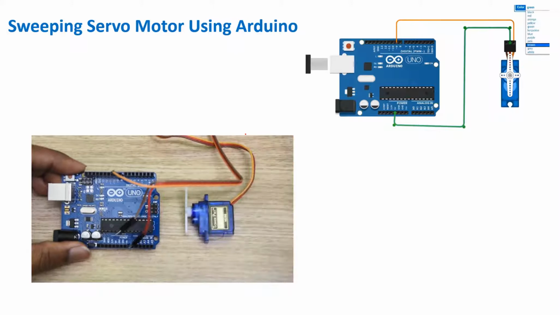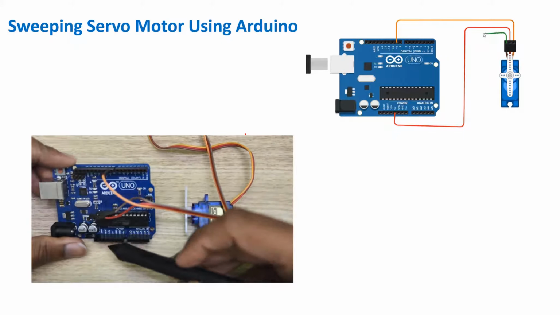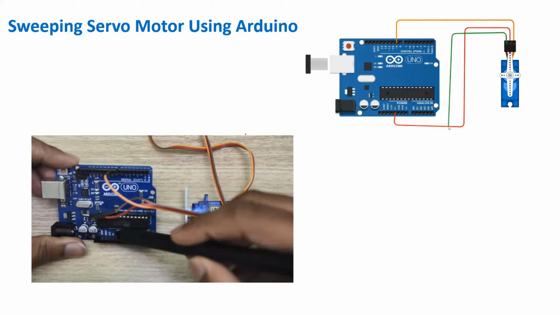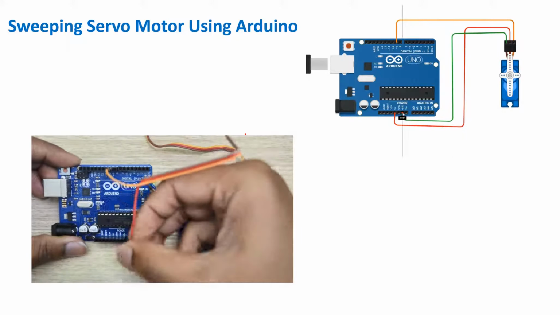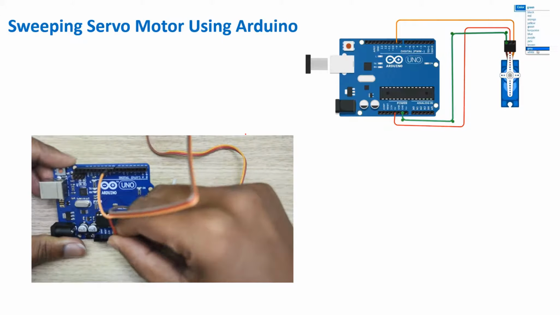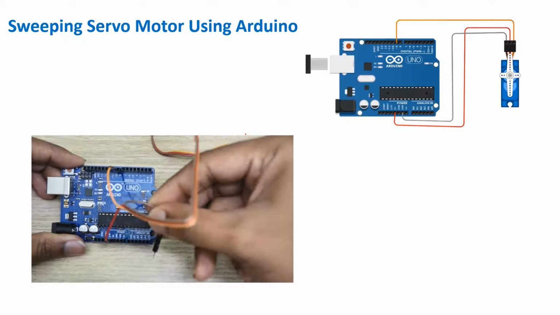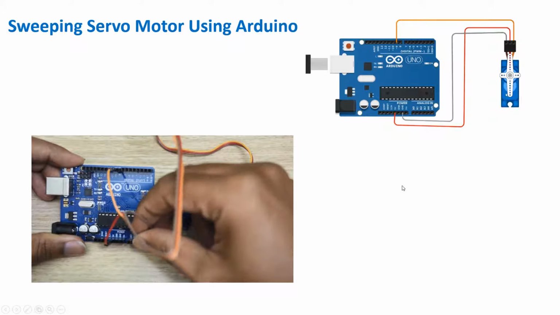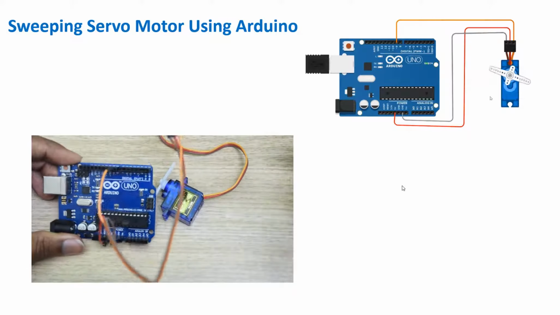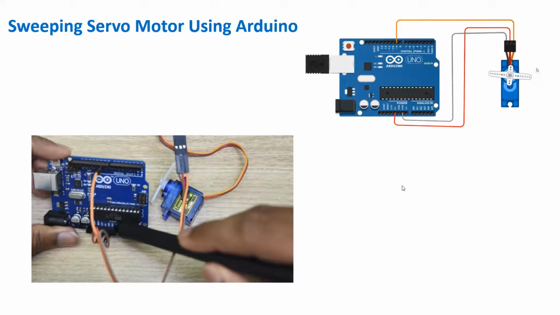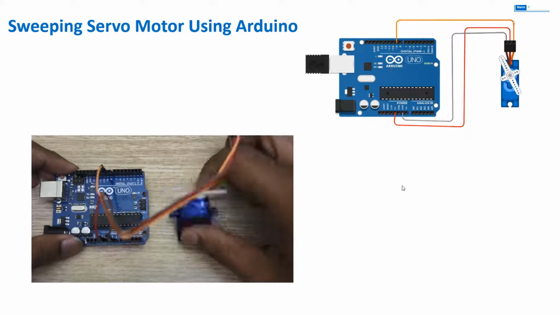The red wire will be connected to the 5-volt power pin, and finally the brown wire will be connected to the ground. For your reference, I have also given another simulation video. This is the way we'll connect the 3 pins: one to ground, one to 5 volts, and one to the data pin.